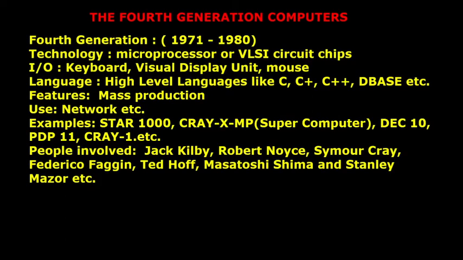and the technology used during this fourth generation is the microprocessor, or very large scale integration circuit chips. The keyboard, visual display unit, and mouse became the input and output devices, and the languages for programming were high level languages like C, C++, dBase, etc. And these computers were produced in large numbers for the masses, and the computers could be used for networking with one another, paving the way for the internet.